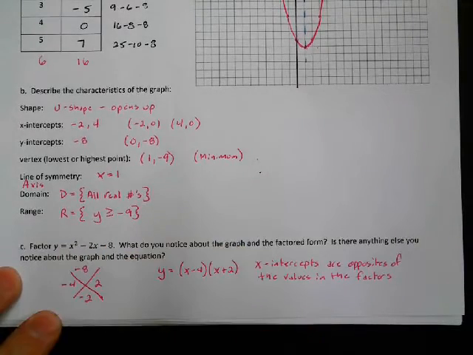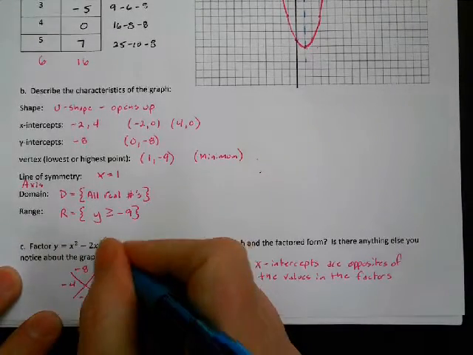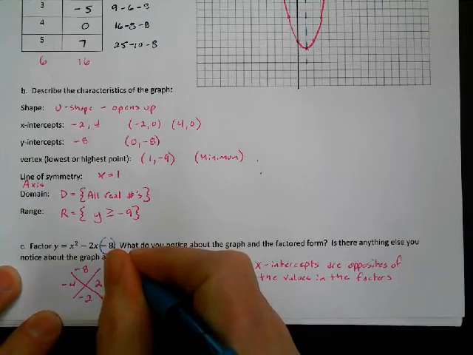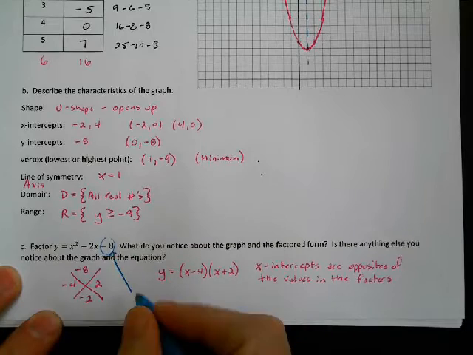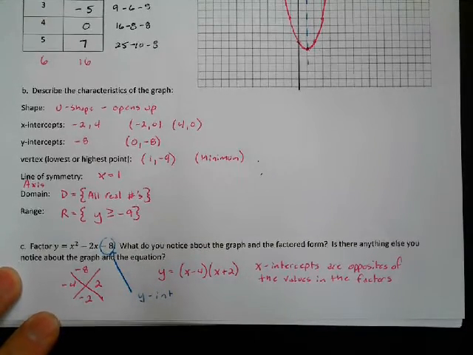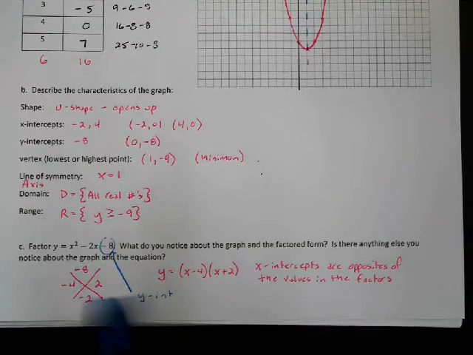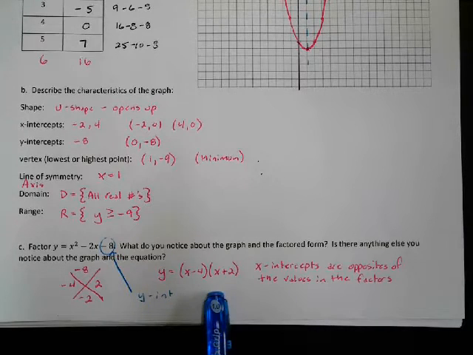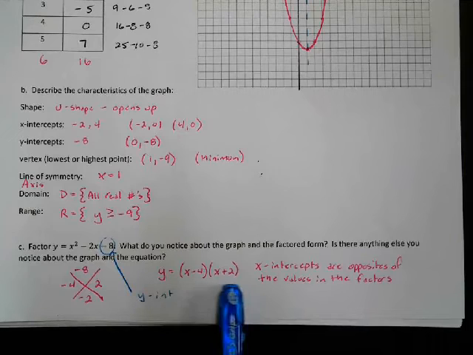This value right there, the constant that doesn't have a variable, that is the y-intercept. So our equations are going to give us our y-intercept when we are in this format. We're going to call that standard form. And if you factor it, you're going to get your x-intercepts. At least the opposites of these values are going to be your x-intercepts.